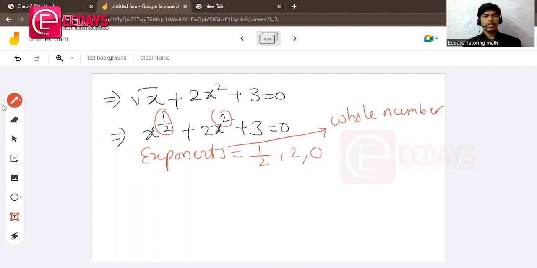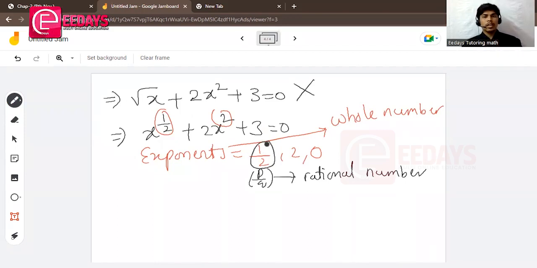But here, observe carefully, 1 by 2 is in the form of p by q, it is a rational number. So it is not a polynomial equation. Root x plus 2x square plus 3 is not a polynomial equation. Why? Because root x we can express as x power 1 by 2. Whole numbers are 0, 1, 2, 3, only positive numbers starting from 0 till infinity.